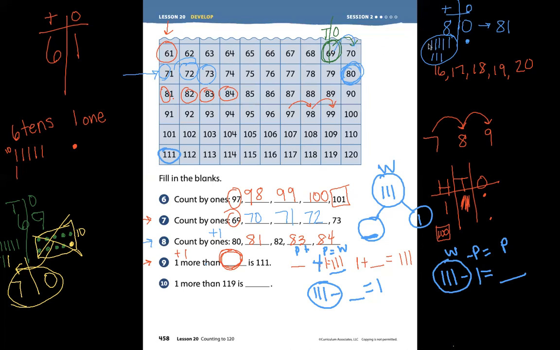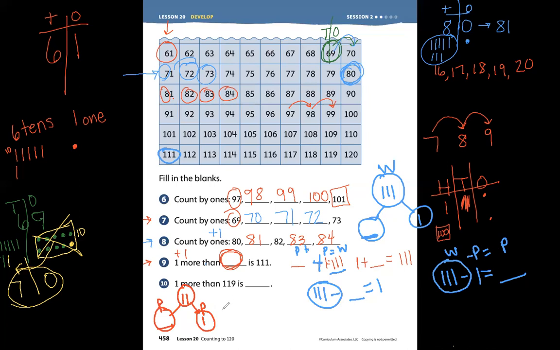Sometimes I like to go back to the numbers that I'm really familiar with, like 11 as my whole, blank as my part, and 1 as my other part.